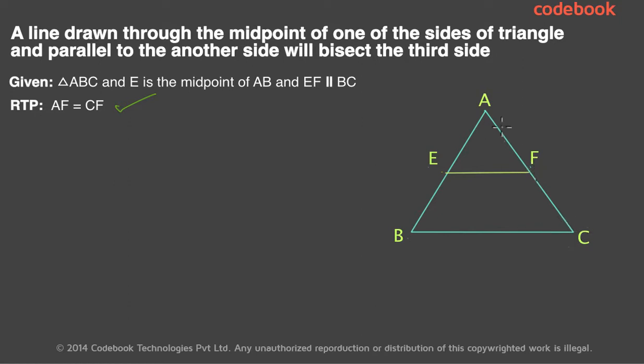Basically, a line segment drawn through the midpoint of one side of the triangle and parallel to the other side, which is BC, will bisect the third side AC, which means AF should be equal to CF. That is what we are required to prove.